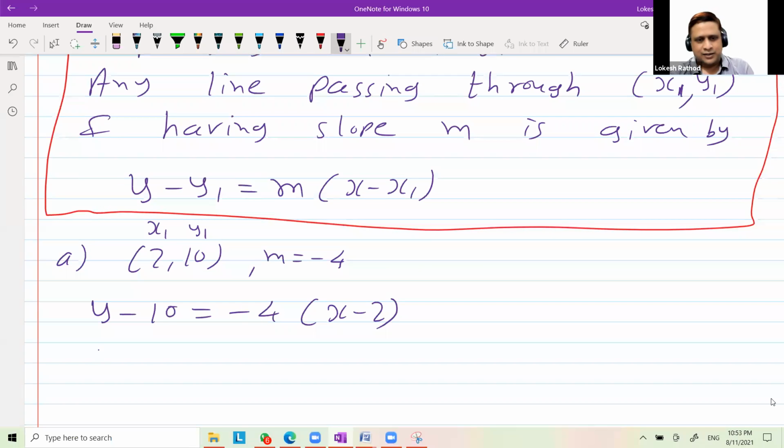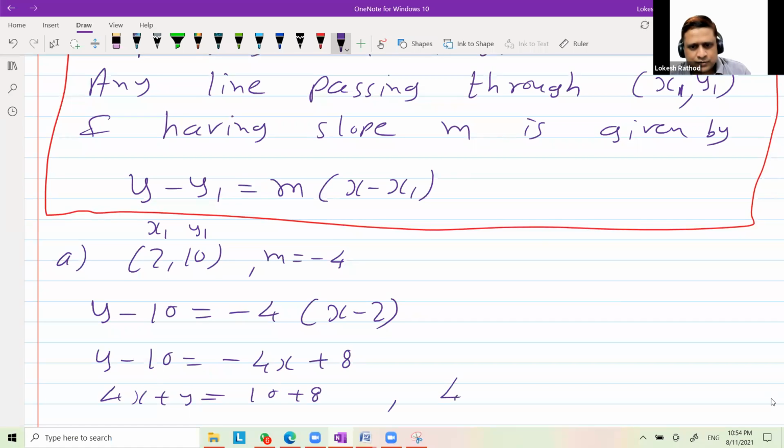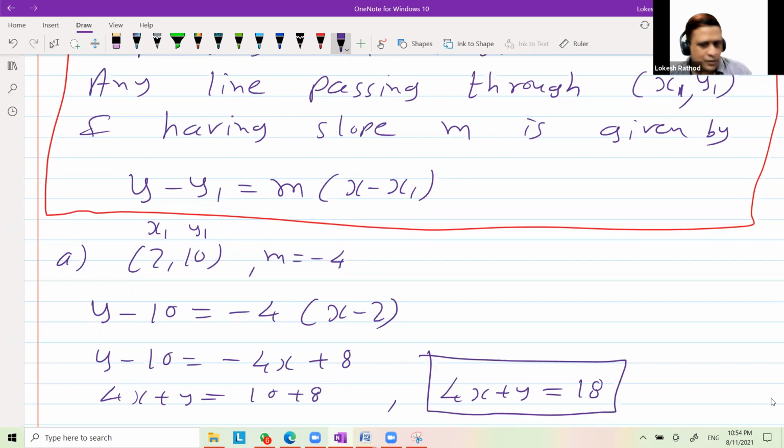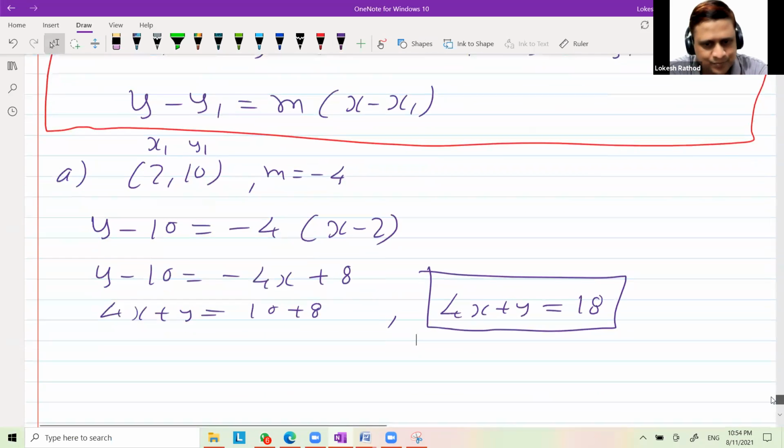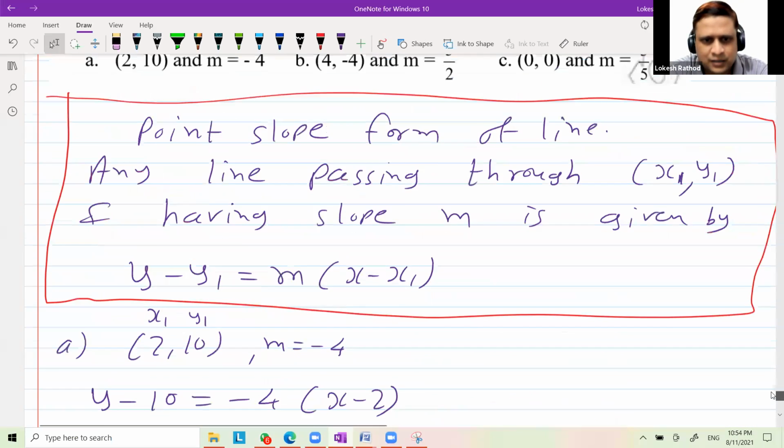You just simplify. It's y minus 10 equal to minus 4 times x minus 2, that is minus 4x plus 8. So 4x goes to that side, 10 goes to this side, 10 plus 8. So the equation of the line is 4x plus y equal to 18. Clear?